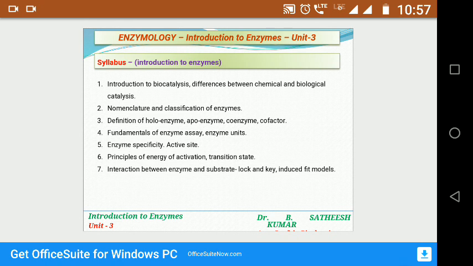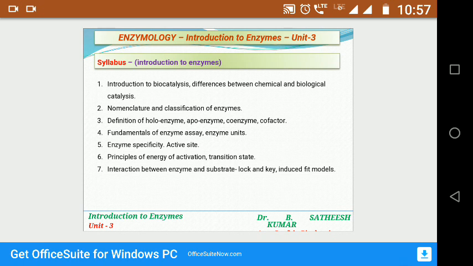In the same way, numerous enzymes are there. Millions of different enzymes are present in all living systems. So it is very important to follow a set of rules for naming enzymes.